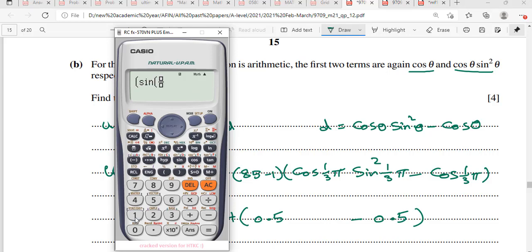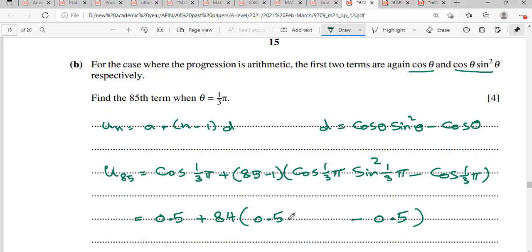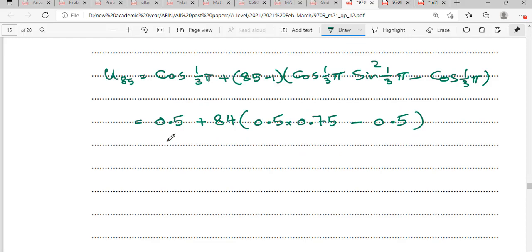Sine 1 over 3 pi, close the bracket, power 2. This is sine squared, 0.75. It's multiplication, so times 0.75. It's a very good idea to give it a step, then write the final answer, which is a number.